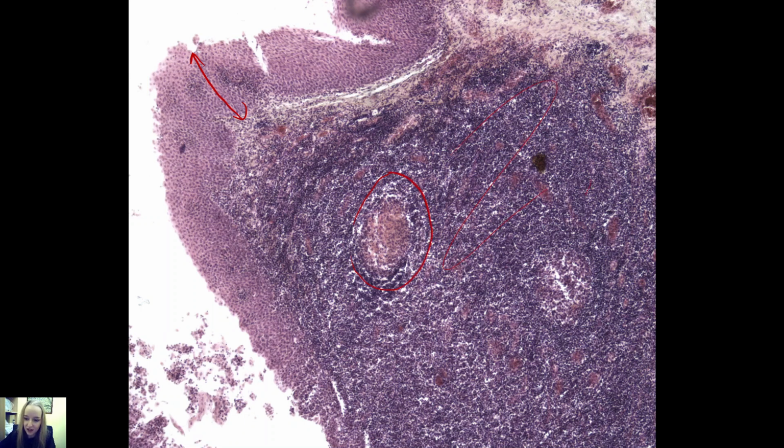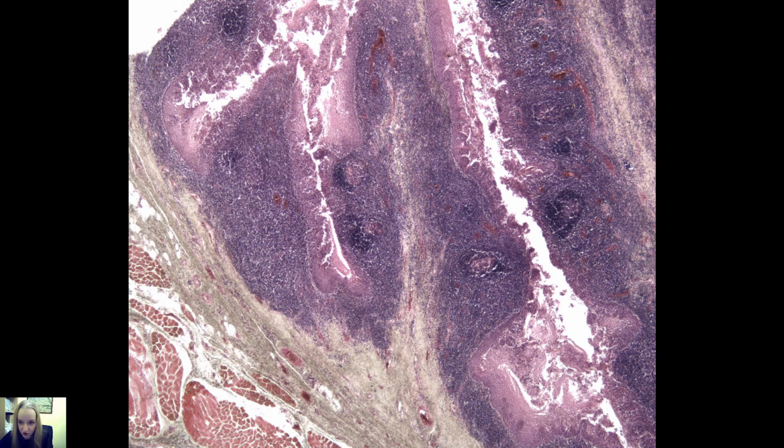You can see the lymphatic tissue in the loose connective tissue of the mucosa. So lymphatic tissue, and the capsule should be somewhere in this region. And there is this crypt, a deep invagination. This is our specimen, by the way.